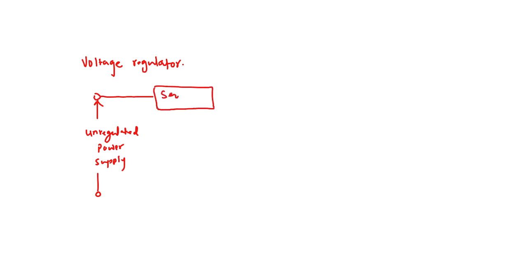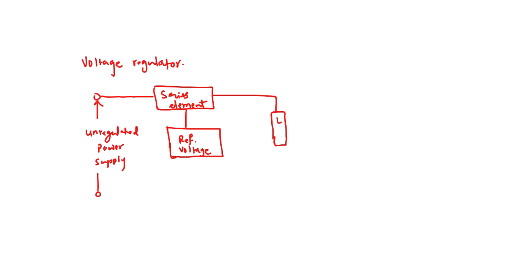We'll see what that series element is soon. Then you will have a reference voltage provider, so a block or circuit or a device, reference voltage. And of course, you will then have a load across which you are expected to maintain a constant voltage.